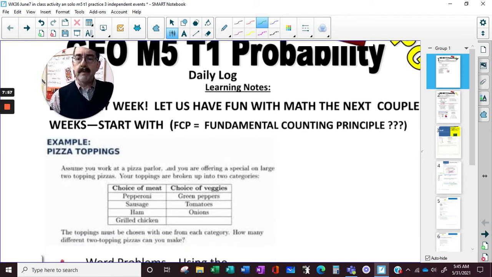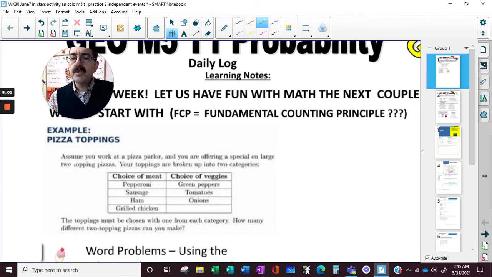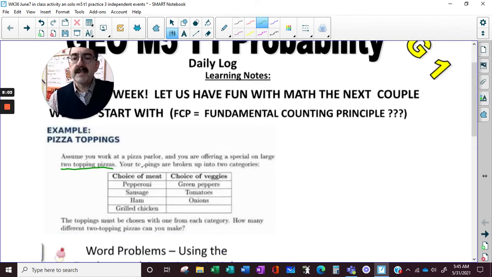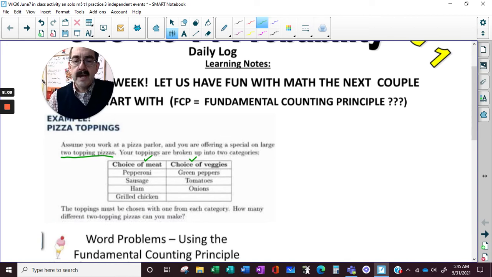Assume you work at a pizza parlor and you are offering a special on large 2-topping pizzas. Your toppings are broken up into 2 categories, the meats and the veggies. One is chosen in each category. How many different 2-topping pizzas can you make?